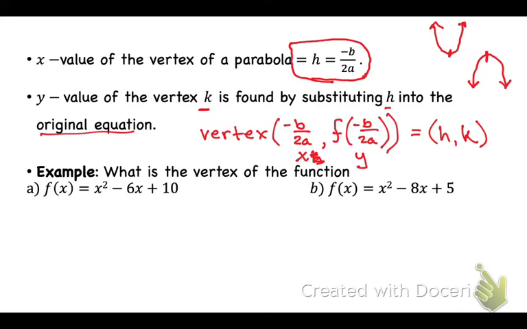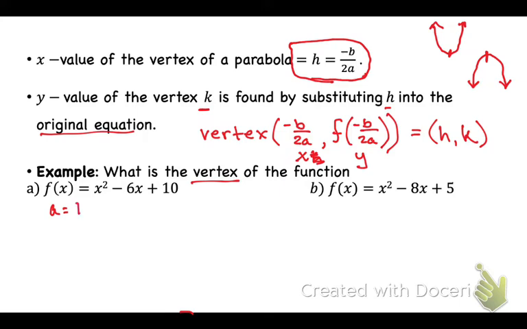So we have two examples. The first one says, what is the vertex? And it is in standard form. It is not in vertex form, so you can't just look at it. You have to use what I just gave you. So f of x equals x squared minus 6x plus 10. What is a? 1.